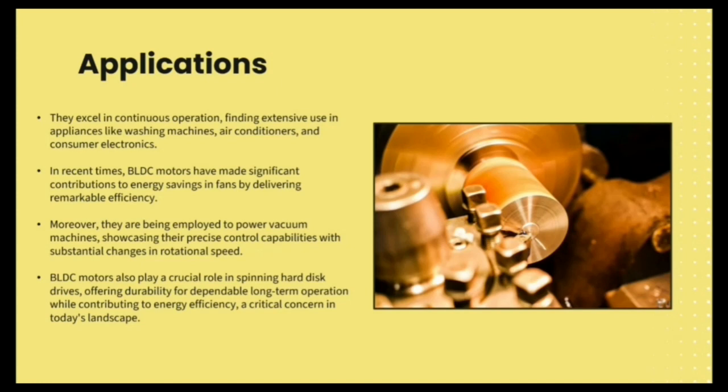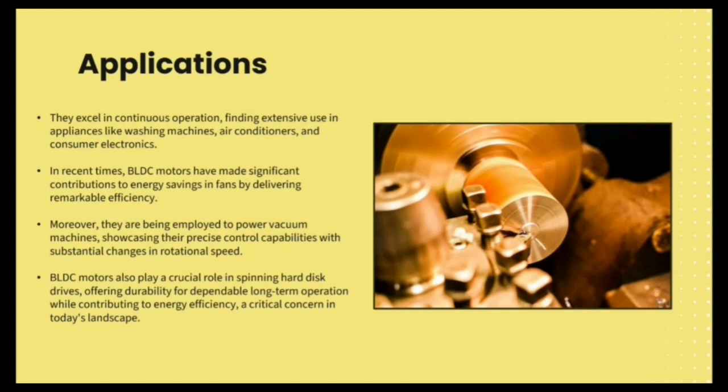They have long been used in washing machines, air conditioners, and other consumer electronics, and more recently they are appearing in fans, where their high efficiency has contributed to a significant reduction in power consumption. They are also being used to drive vacuum machines.